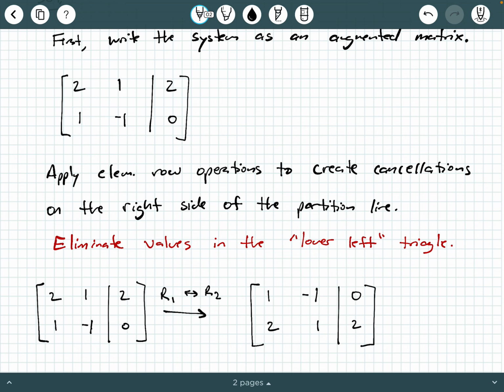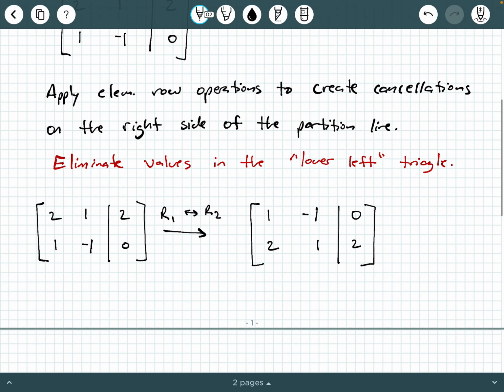Now, row 1 has become the new row 2, and row 2 has become the new row 1. Now, the next thing I'm going to do is negative 2 row 1 plus row 2 to change row 2. Because I first interchanged row 1 and row 2, I have now avoided having to use fractions, and I can cancel this lower left triangular entry.